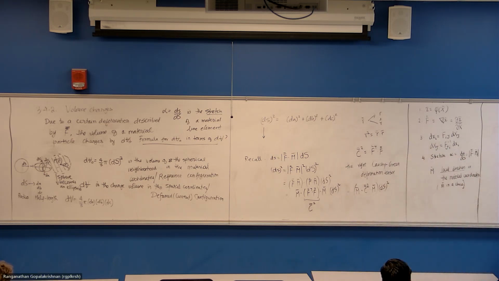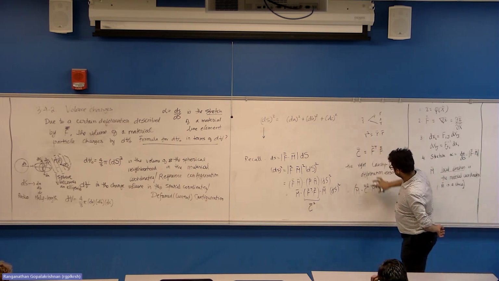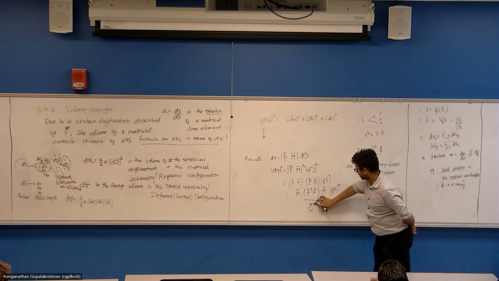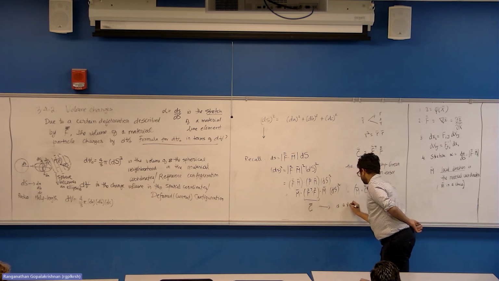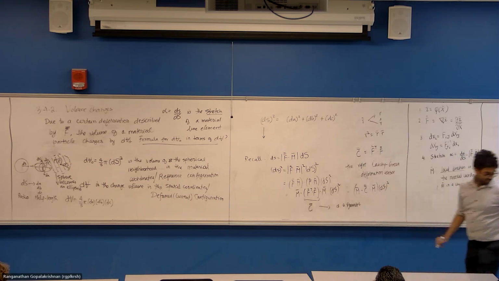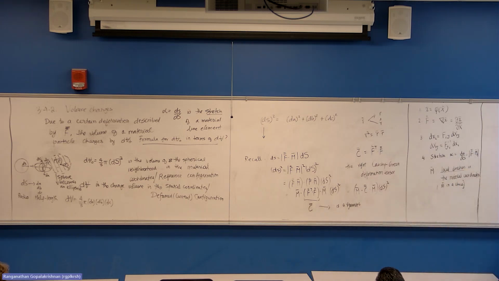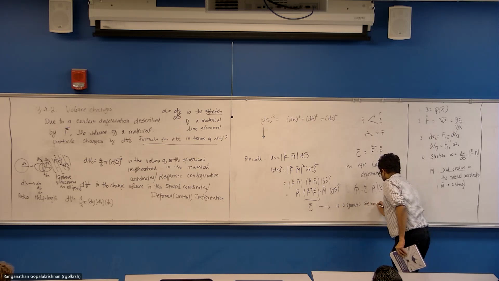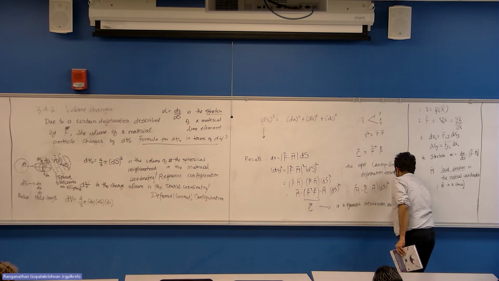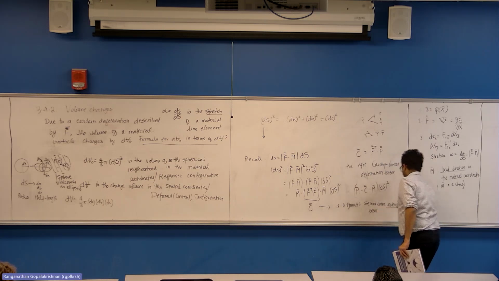Wait, there's no C squared, it's just C. C is a symmetric second order material tensor. I'm introducing a new word, material.